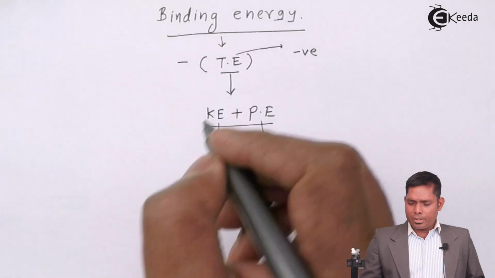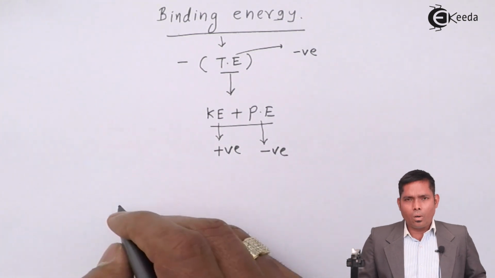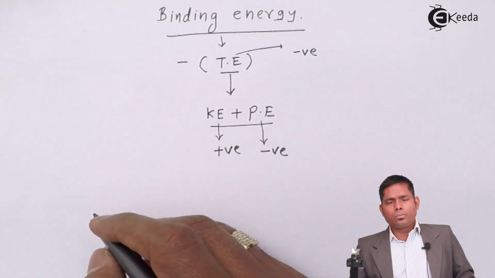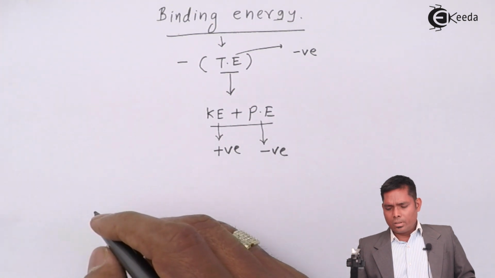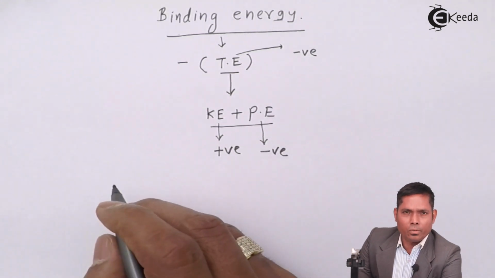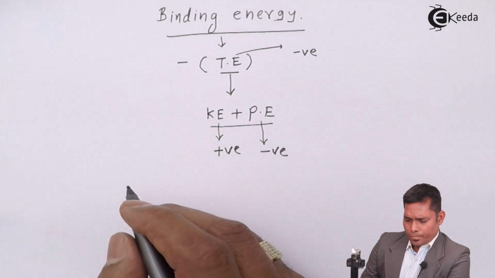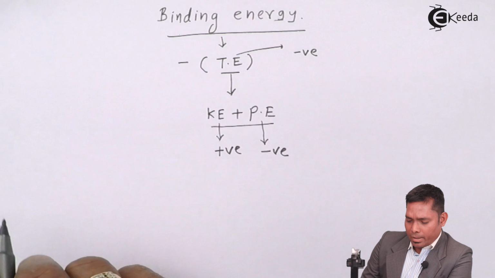It is the minimum energy required to free the object from the gravitational influence, from the surface of the earth. That minimum energy is known as binding energy.